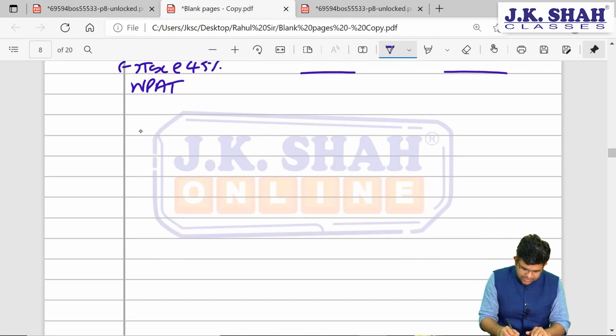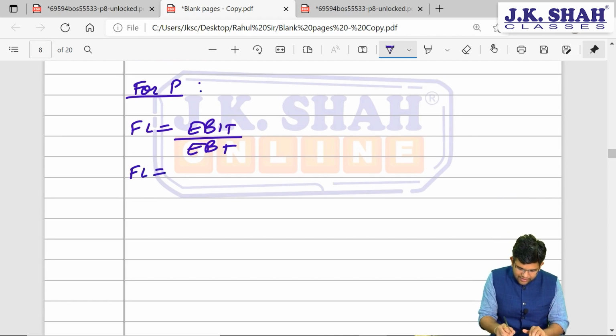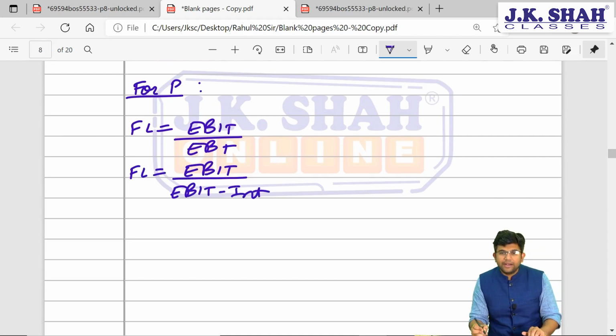See, students, financial leverage. Children, first of all, do it for company P. FL formula is EBIT upon EBT, correct? FL can also be written as EBIT upon EBIT minus interest, because EBT is nothing but EBIT minus interest.